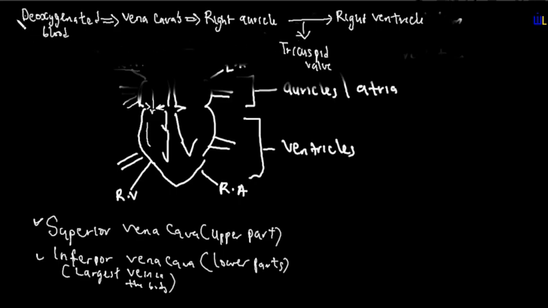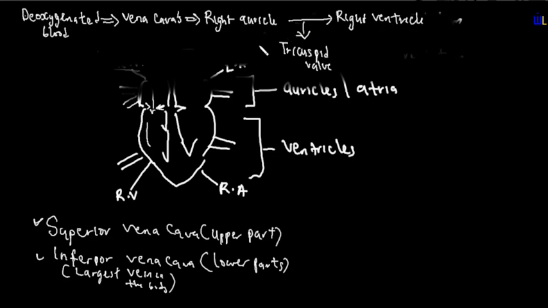As I said, the deoxygenated blood would move into the vena cava, from vena cava to right auricle, and from right auricle it is pushed down to the right ventricle. Now, the valve is like a door, like a window that closes after blood passes from right auricle to right ventricle.